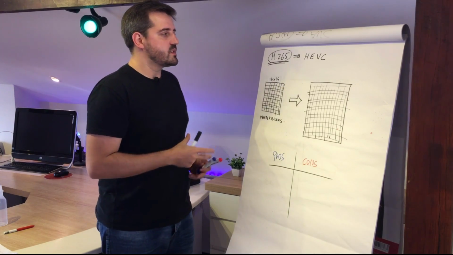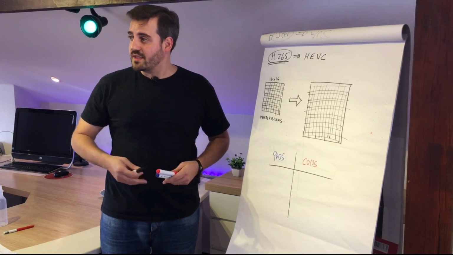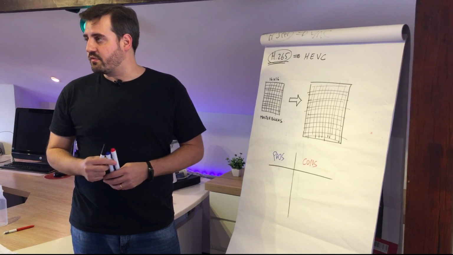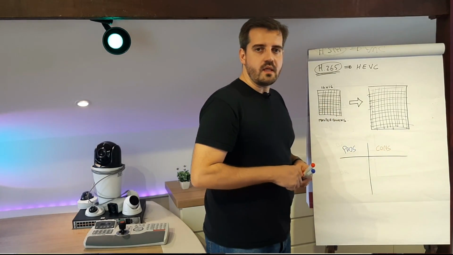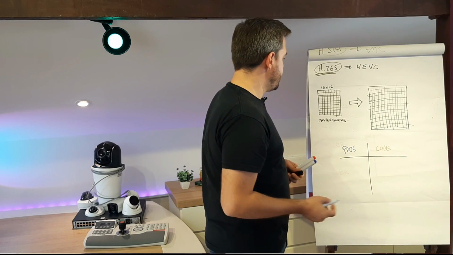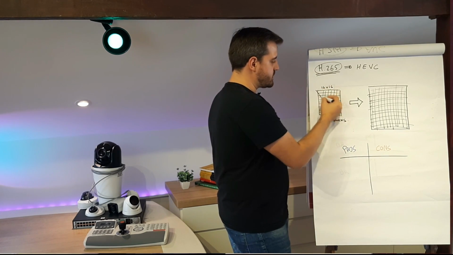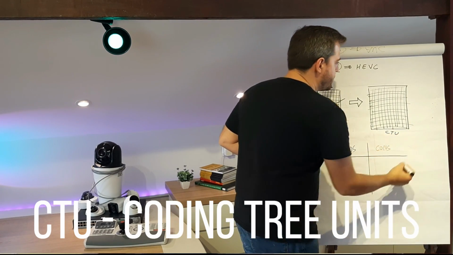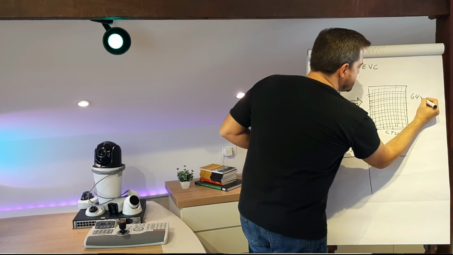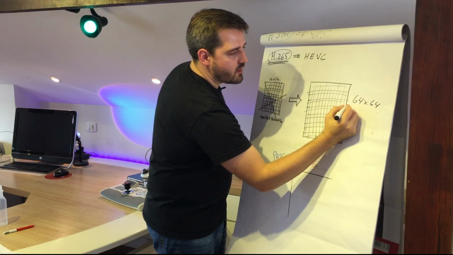So H.265 is an innovation, a new generation of H.264. We have several different enhancements, but the major one is that we don't use macroblocks anymore. We use CTUs, where we can have blocks of 64 by 64 pixels.